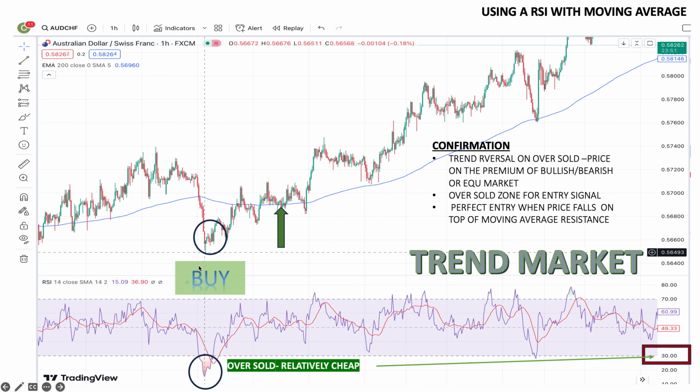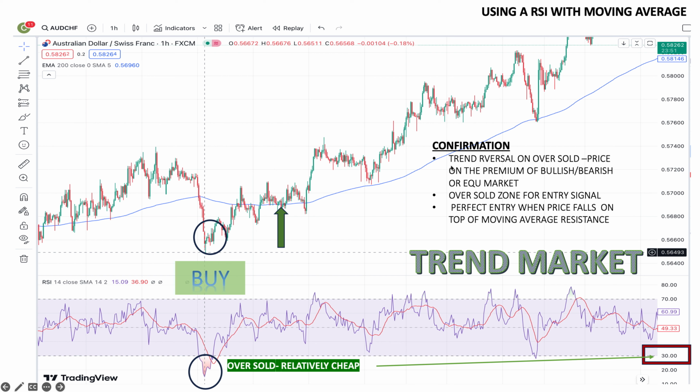So this is another example of a buy bias in the relative strength index. So you can see the price falls below the moving average, and then you can see it's below the 30%, which automatically signals a buy position. But like I said, you don't get in until you get a confirmation.